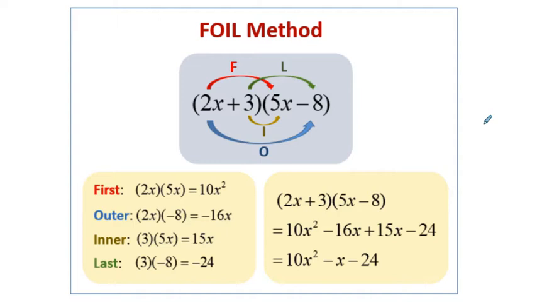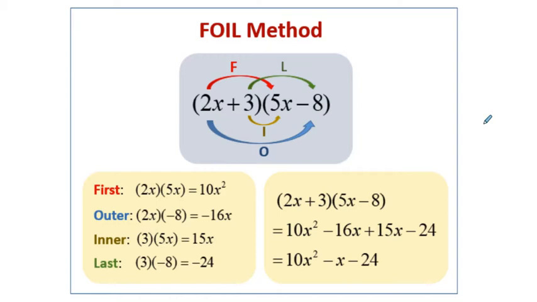So what this means is, multiply your first terms, so 2x times 5x, you can see that right here. The outside terms, which would be 2x times negative 8, you can see that right here. And then your inside terms, so 3 times 5x. And then the last terms, so 3 times negative 8.